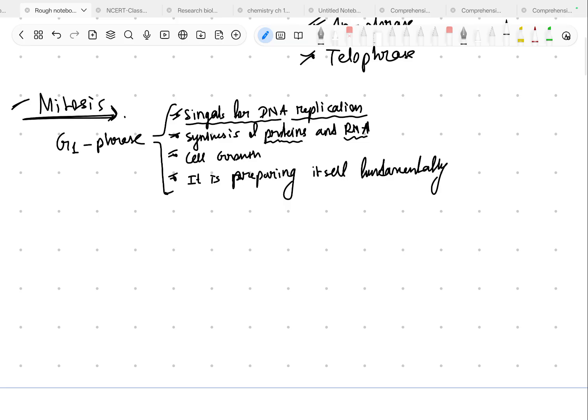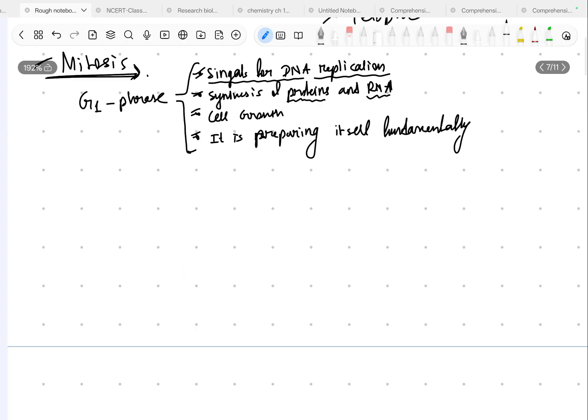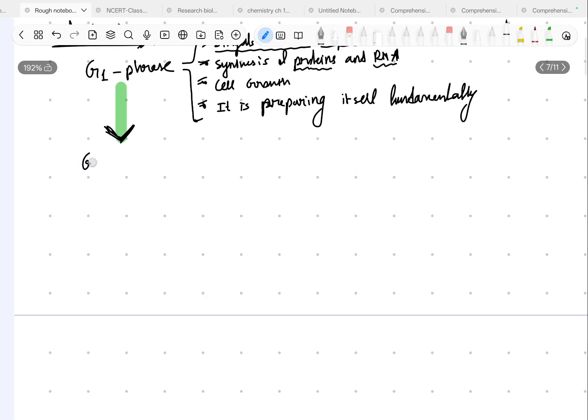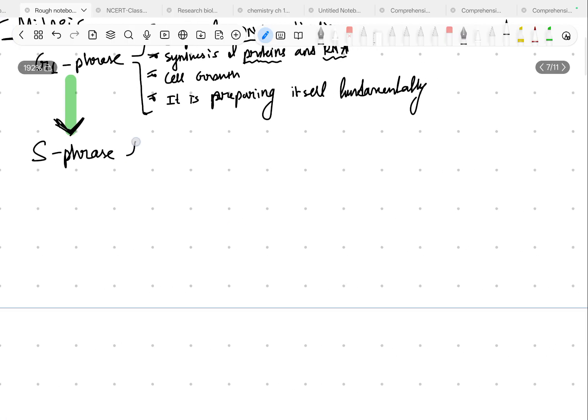Next we will see the synthesis phase, that is the S phase. What occurs in the S phase?